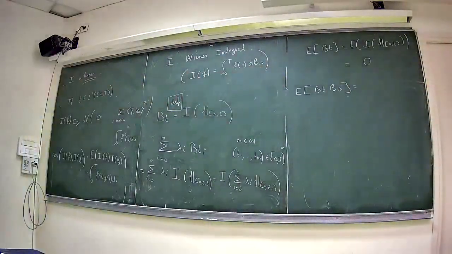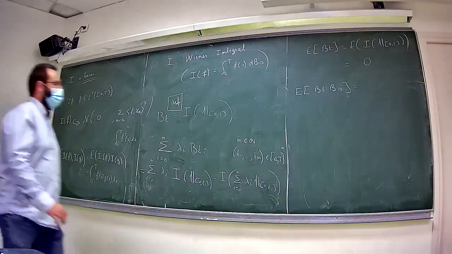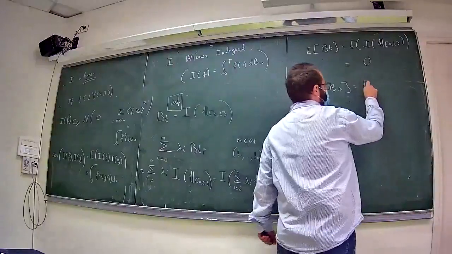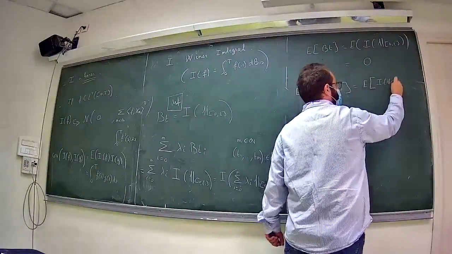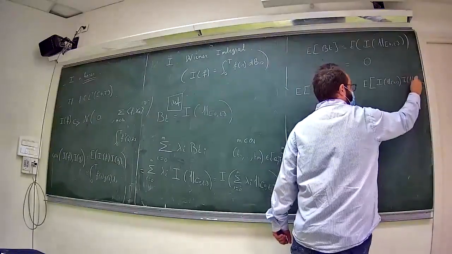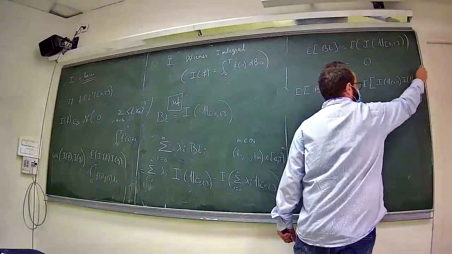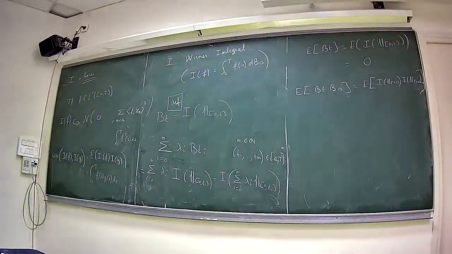Okay. What is this? From my definition, it's the expectation of I of the indicator function of [0,t] multiplied by I of the indicator function of [0,s]. But what I know from the job that I have done previously is that the expectation of the product is just the integral of the product.